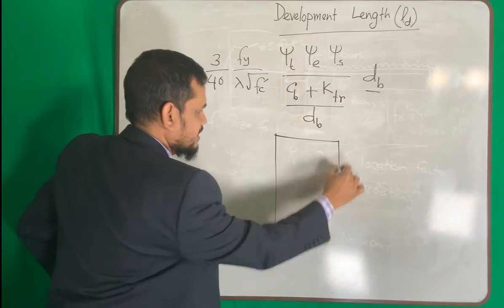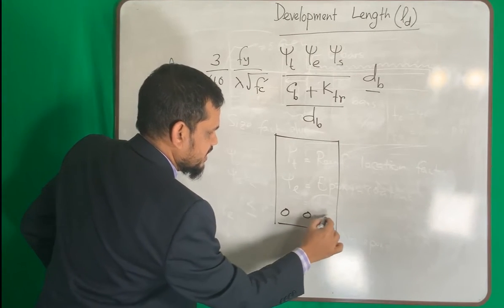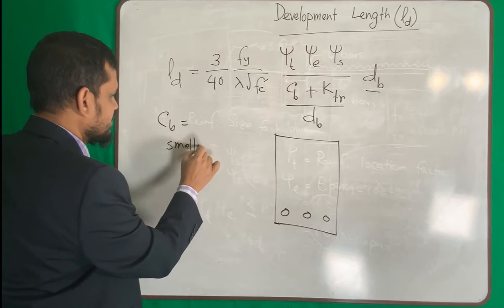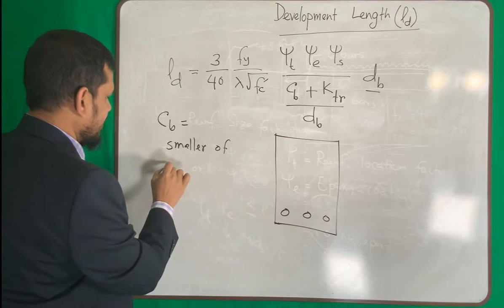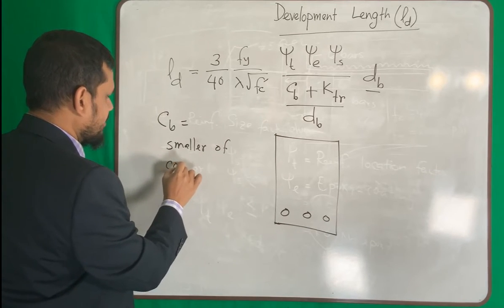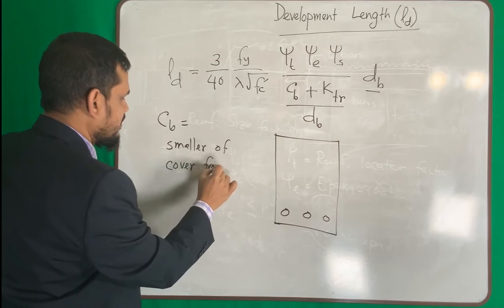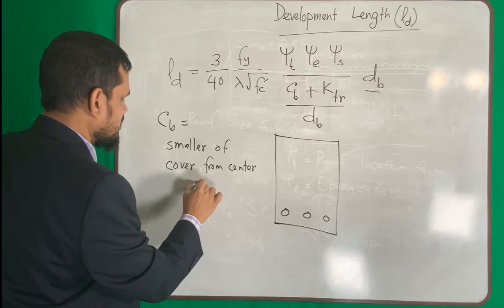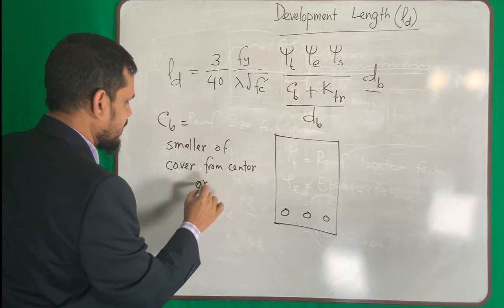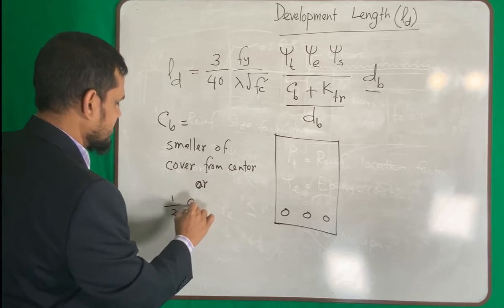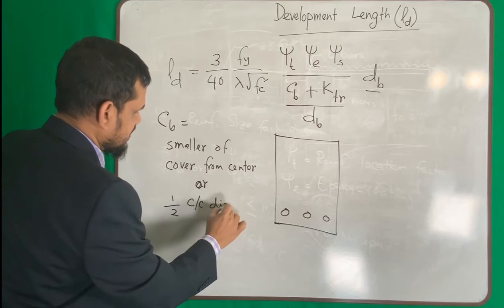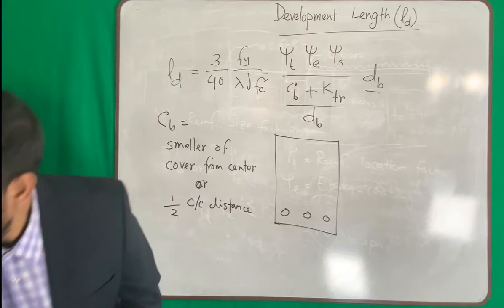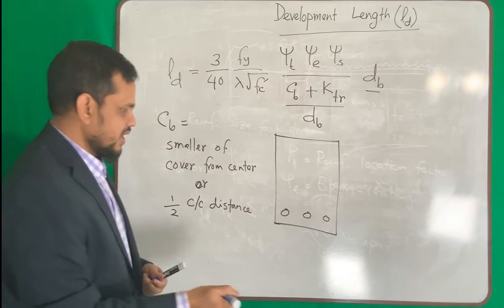If I draw the bar, say 3 reinforcement bars, c_b is the smaller of the cover from center, or half of the center-to-center distance. What is that? I wrote it very shortly so that I can accommodate it here.